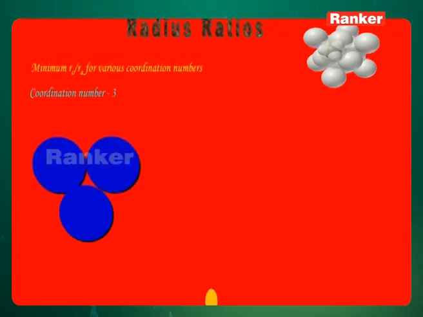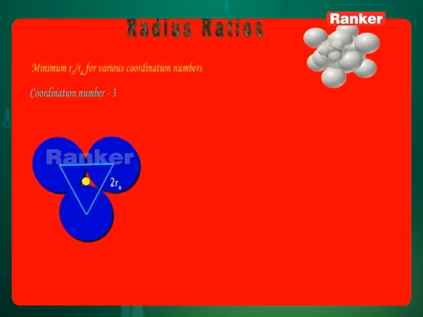Now, coordination number 3 is something like this: 3 blue spheres are in a triangular shape. That is a triangular void. The yellow sphere is at the trigonal void formed by 3 mutually touching blue spheres, right.